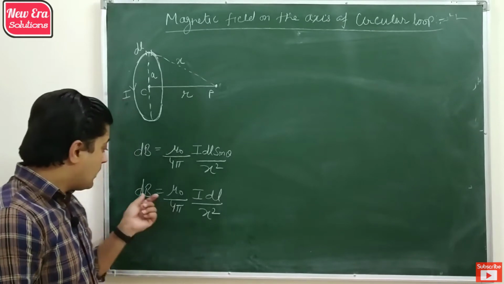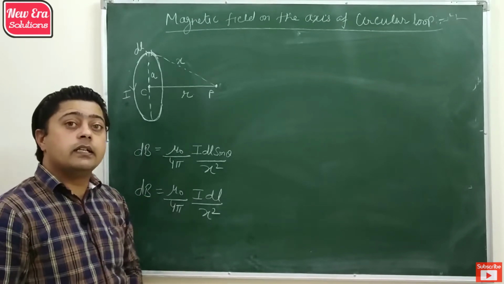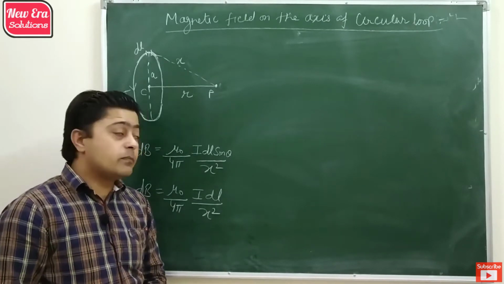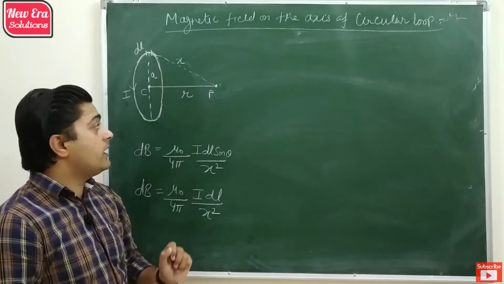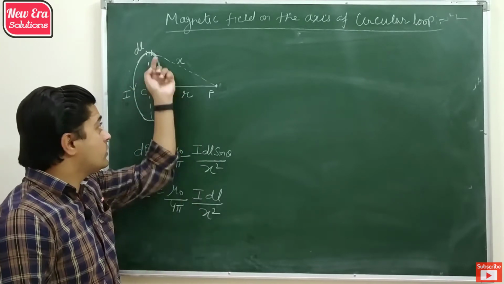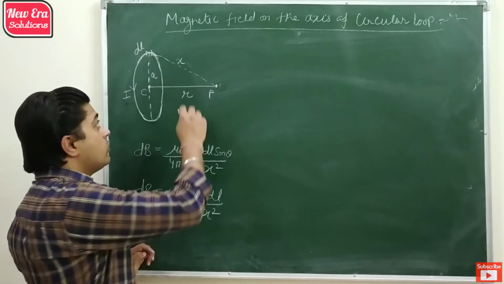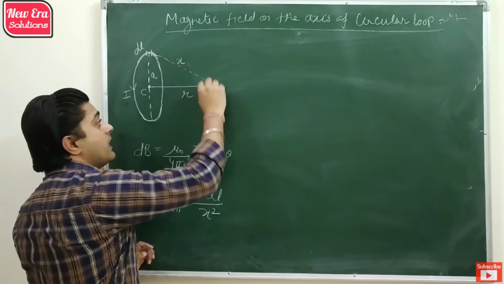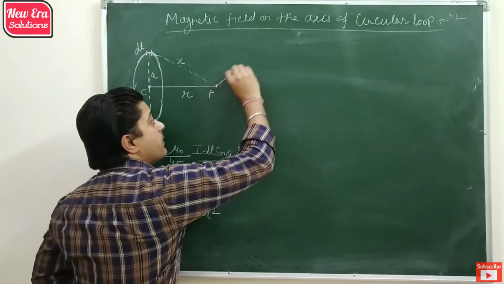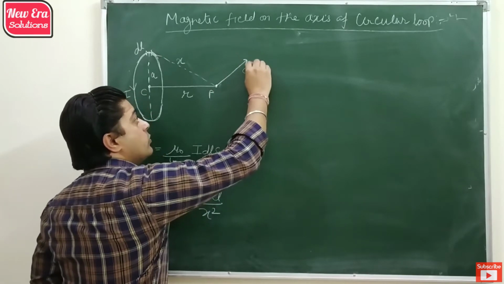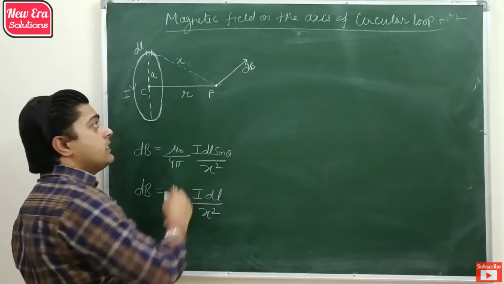If we talk about the direction of the magnetic field, the magnetic field is always perpendicular to the current element and it is always perpendicular to the displacement vector. So the magnetic field due to this element acts perpendicular to the displacement vector x.